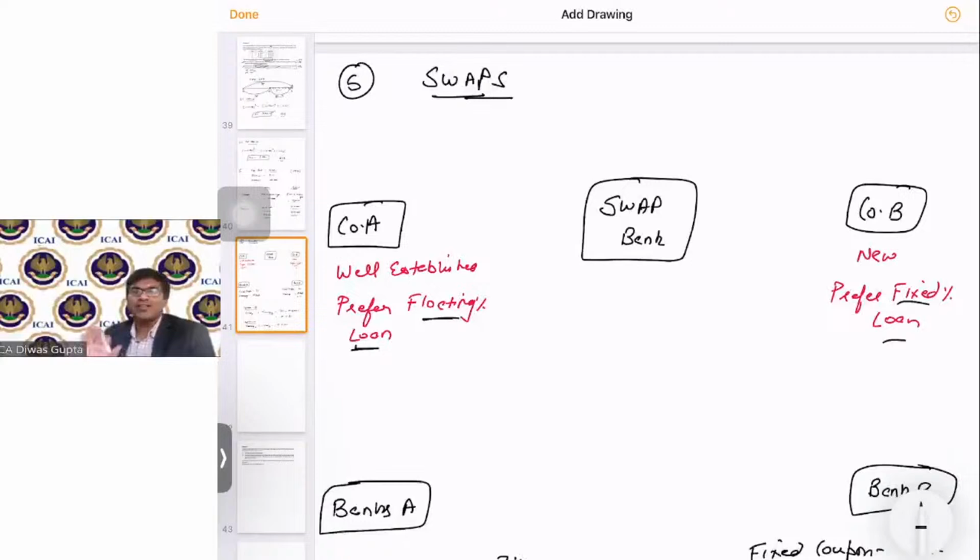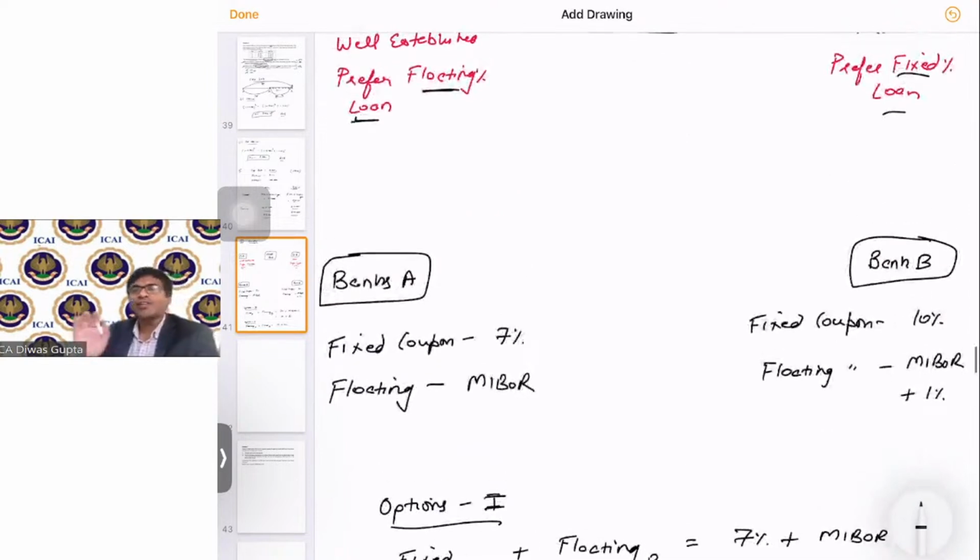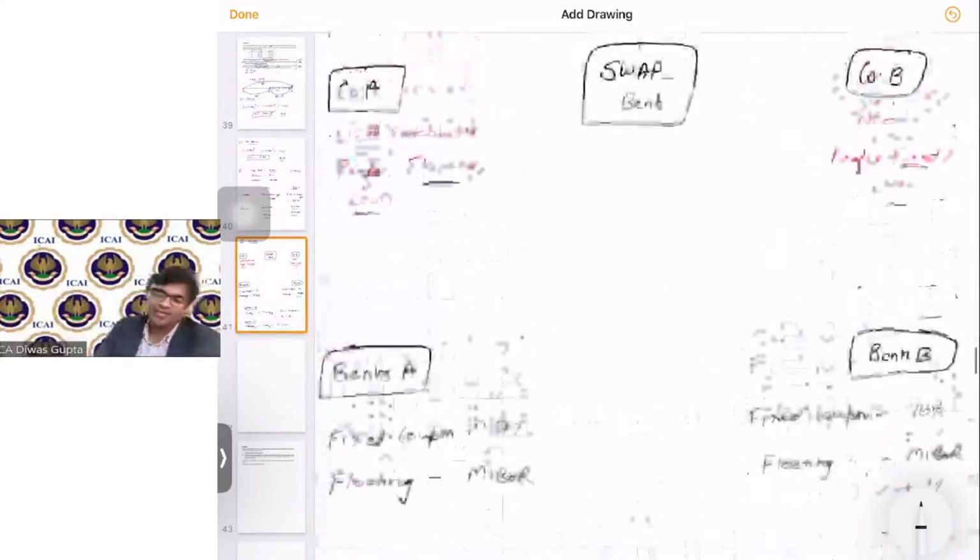That is up to me. Similarly, company B also, the swap bank says the same thing: since your preference is fixed, I will make sure that you end up paying a fixed rate of interest, but for the moment you borrow in floating for me. So that is what the swap bank has visibility on.